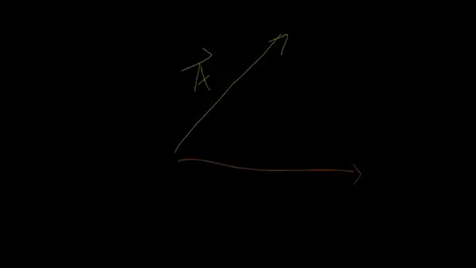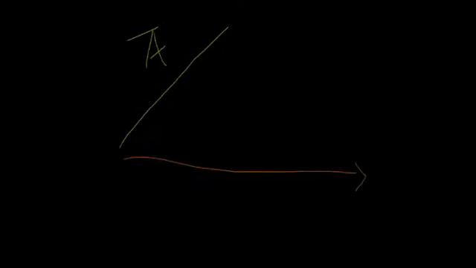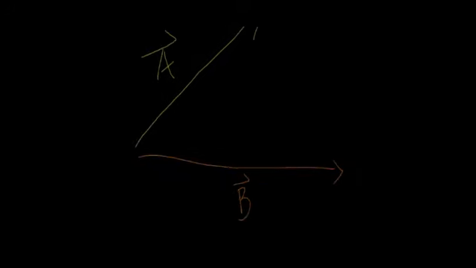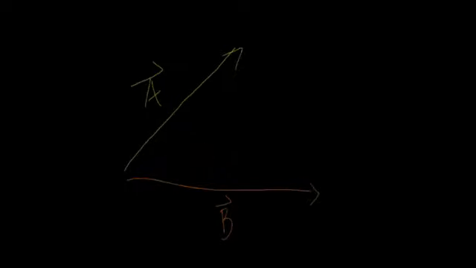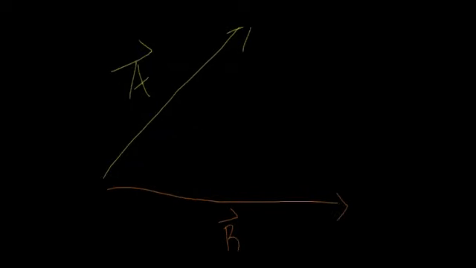Let's call this vector A. And in orange, vector B. In this figure, I'm maybe going to draw the angle theta. It's still there, of course, no matter what the situation is.